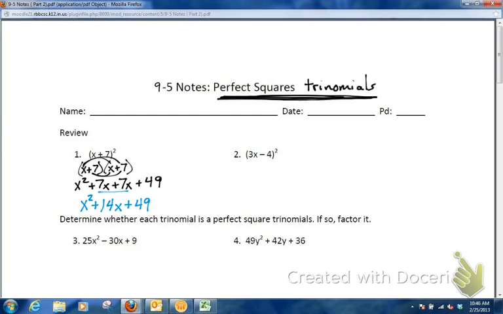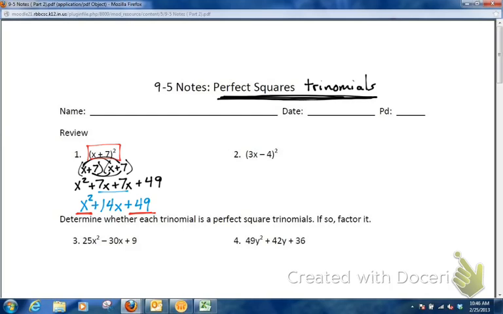Now, if you remember the shortcut to this section, anytime you had a binomial squared, you could have remembered that it was going to be the first piece squared, the last piece squared.